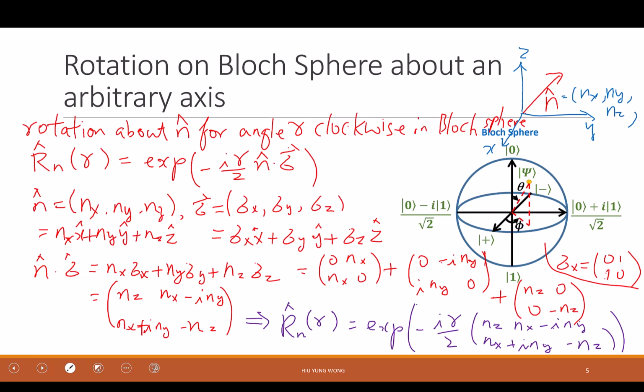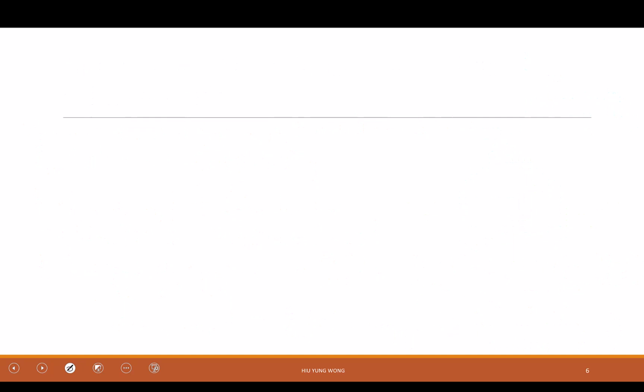Then let's look at an example. For example, what if n equal to z hat, and gamma equals to pi? So what does it mean? It means I have this z hat here, and then I have a state, maybe this is psi, and I want to rotate it about this axis by pi.